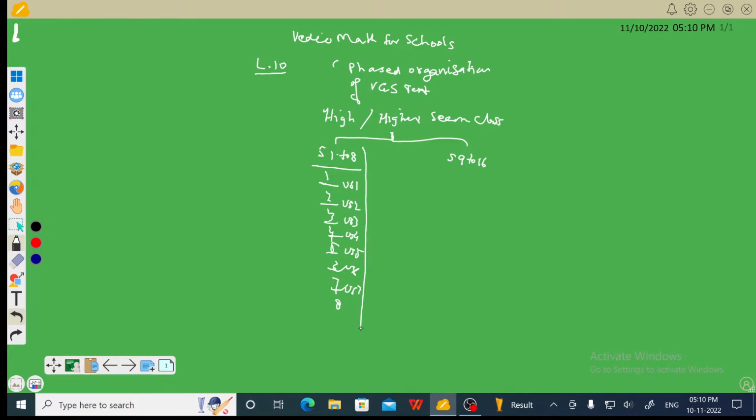These 8 sutras and 7 Upsutras together make the first phase, and this as such is being taken as high school Vedic mathematics.